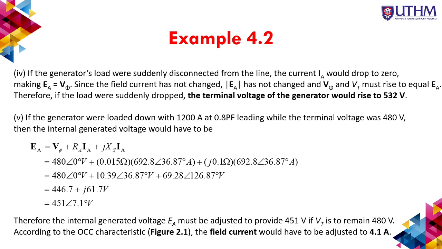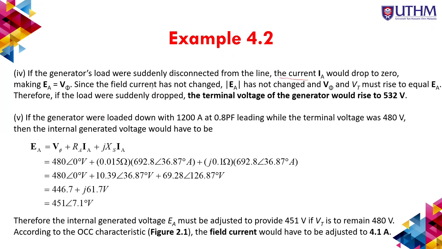Then the next question: if the generator load was suddenly disconnected, so suddenly it disconnects, the current IA would drop to 0, making EA equal to V phase. It becomes open circuit, because when it disconnects it means open circuit.